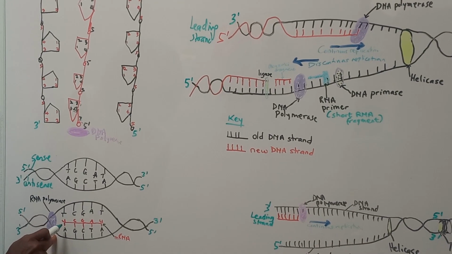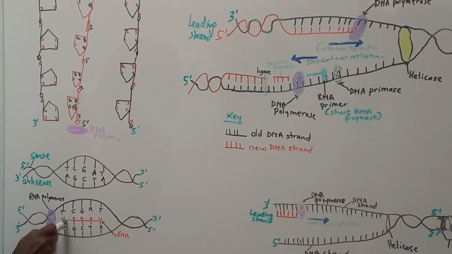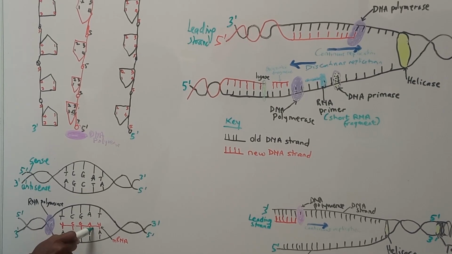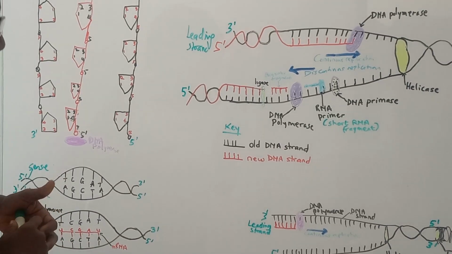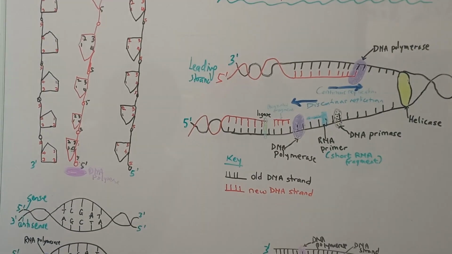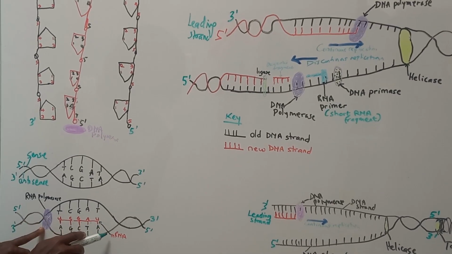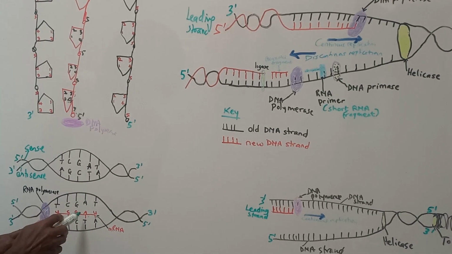So it will actually copy the 3 to 5 end so that it can make 5 to 3, just like we explained for the DNA polymerase. So this RNA polymerase forms a short RNA segment from the DNA, copying the information from the DNA.